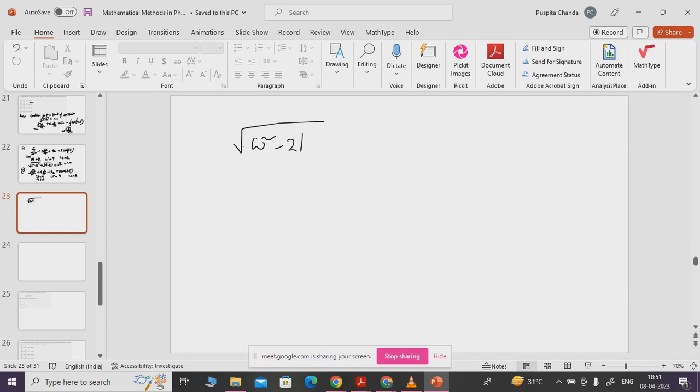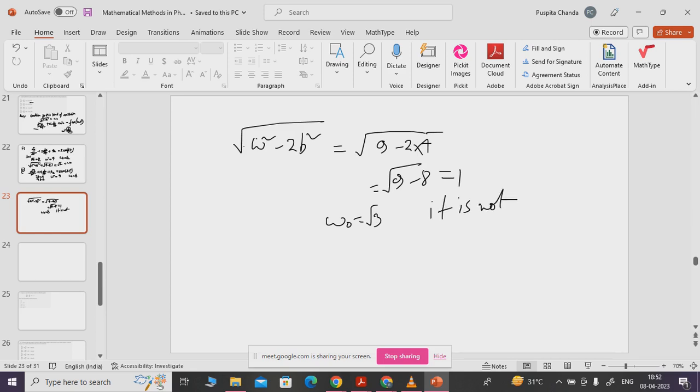So root over omega square minus 2b square: omega square is 9 minus 2 into b square, b square is 4, which is 9 minus 8, which is 1, but omega naught here is root 3, so it is not satisfying the resonant condition.